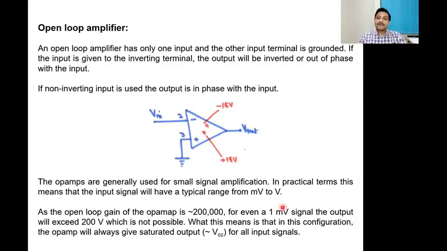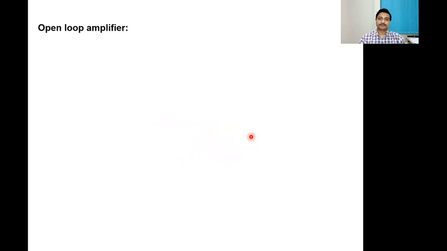And if our input range is between, let's say, 1 millivolt to 1 volt, then the gain is so high that for any input signal, the output is simply going to be V_saturated, because it would always like to go in this range, but it cannot. It will be limited simply by the bias supply. And any input signal that you give, you will only get the saturated voltage at the output. So that would be the simple functioning of this operational amplifier circuit, the open loop amplifier.